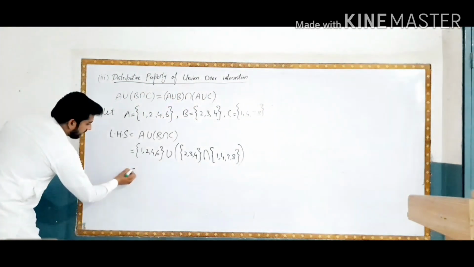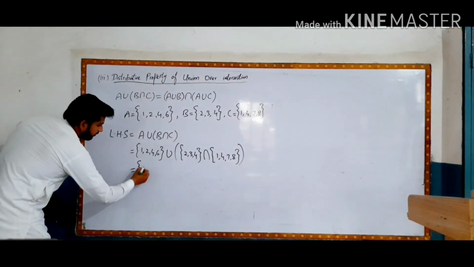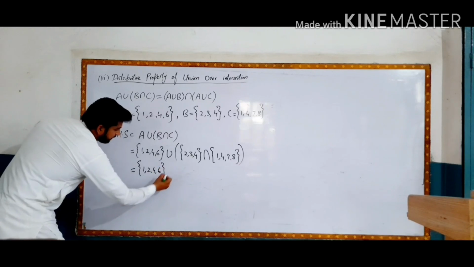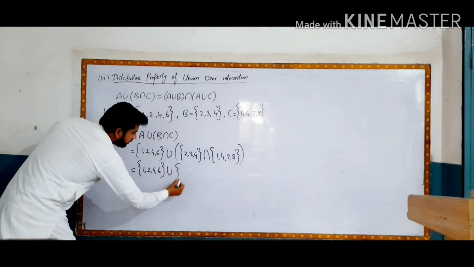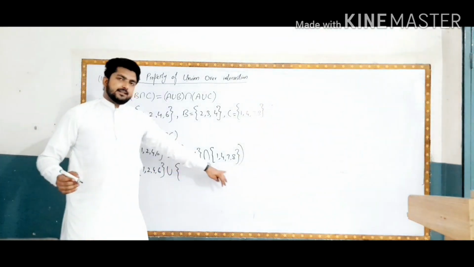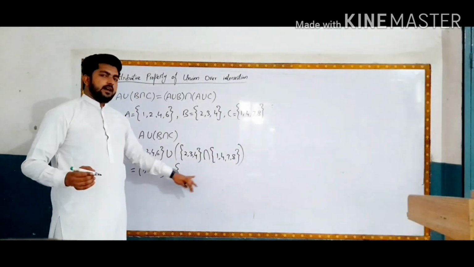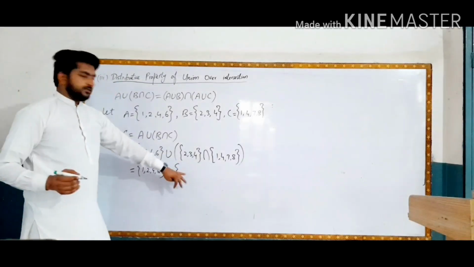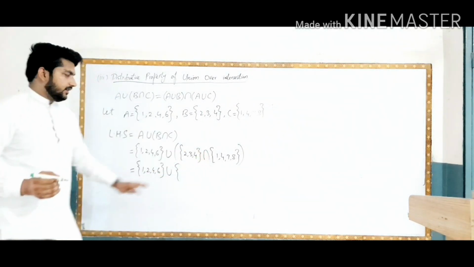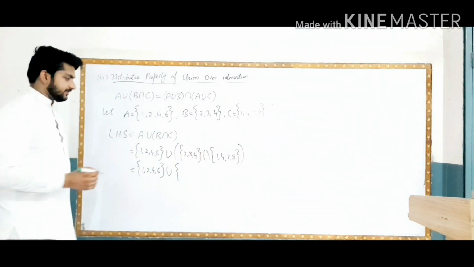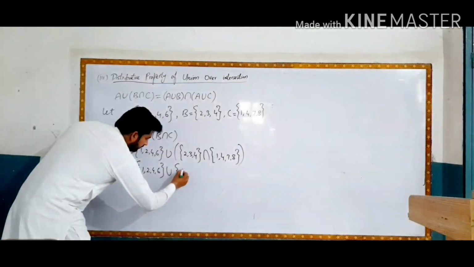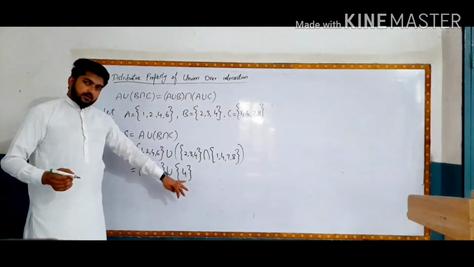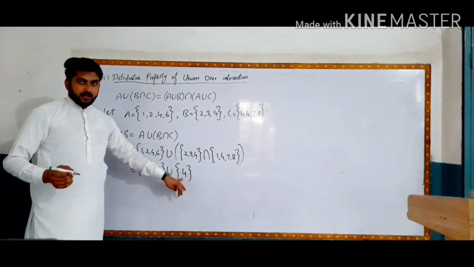So this set will be the same, {1, 2, 4, 6} union. After the intersection of these sets we have a set with these elements. So 4 is in both sets, so 4 is the intersection of these sets, and now we have a set which has only one element, 4.